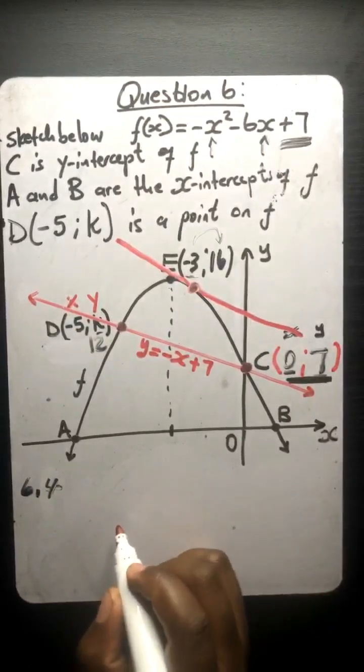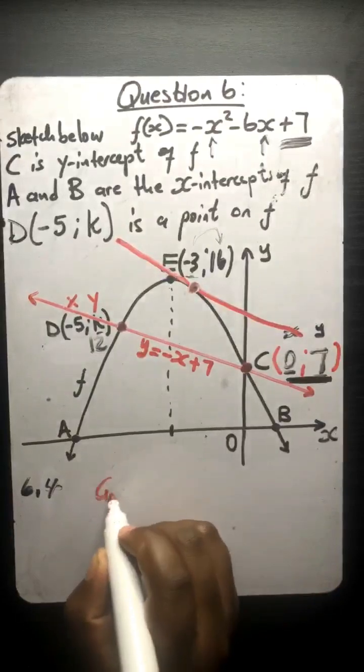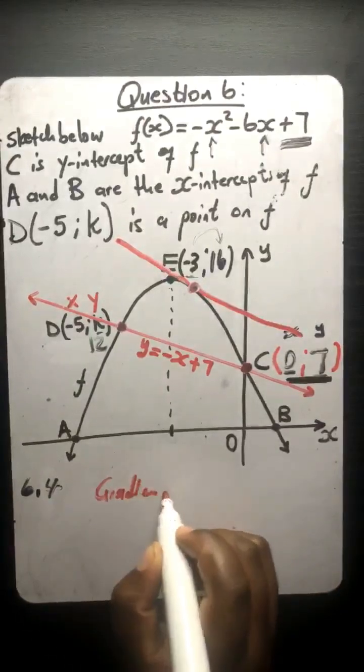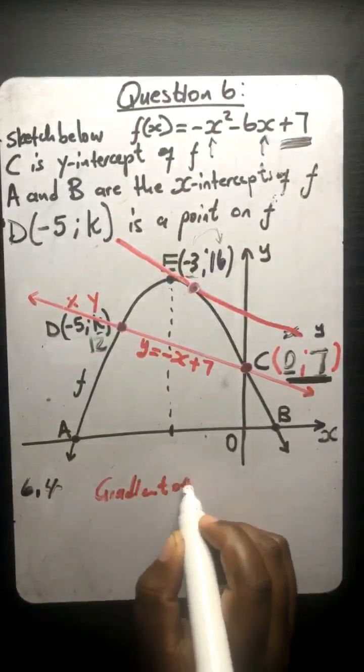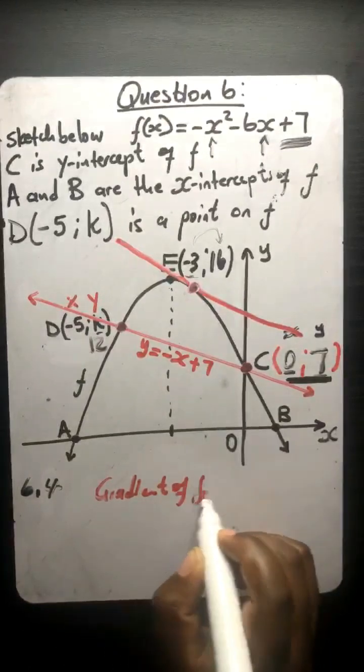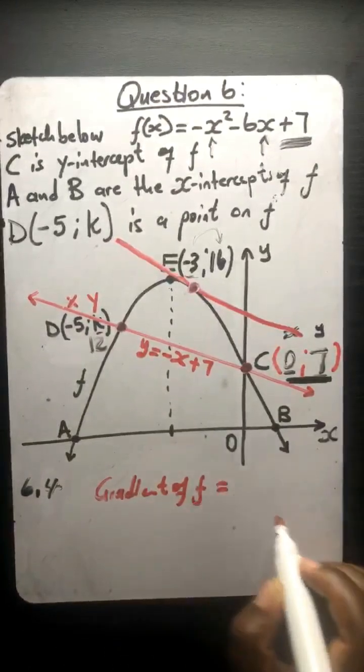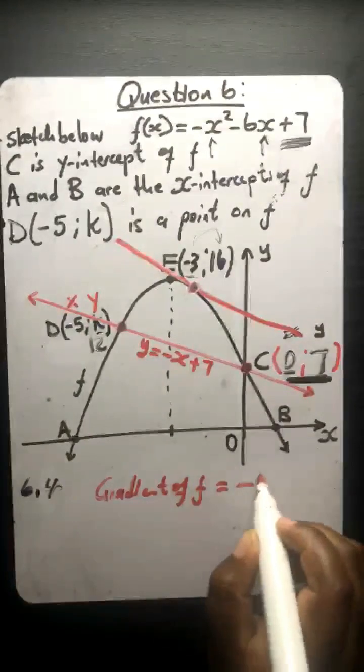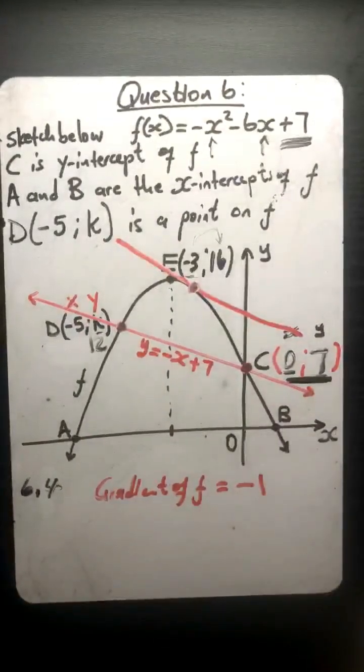So that means the gradient of that graph of f can be equated to -1. What exactly am I saying there?